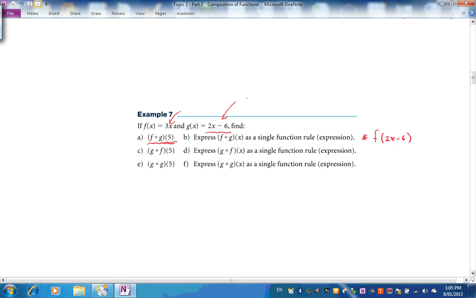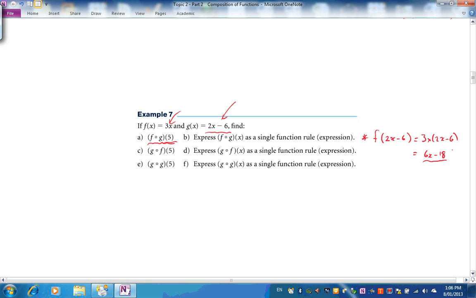So now we operate f on that result of g, and what does f do? It multiplies the variable by 3, so we need to do that on the result of g. So we're going to have 6x take 18 as our result.